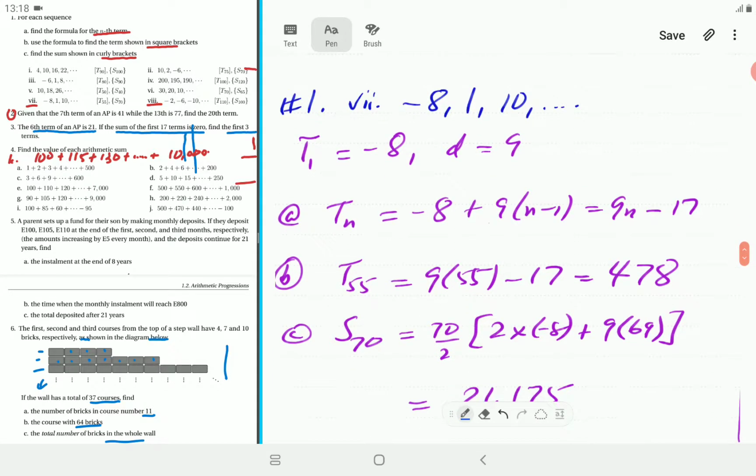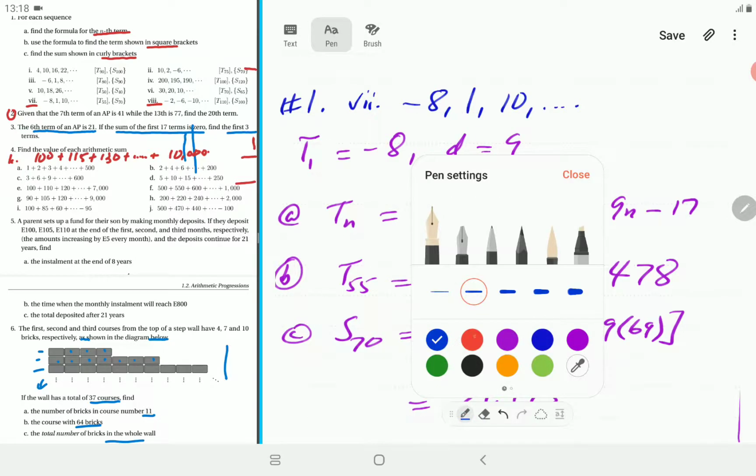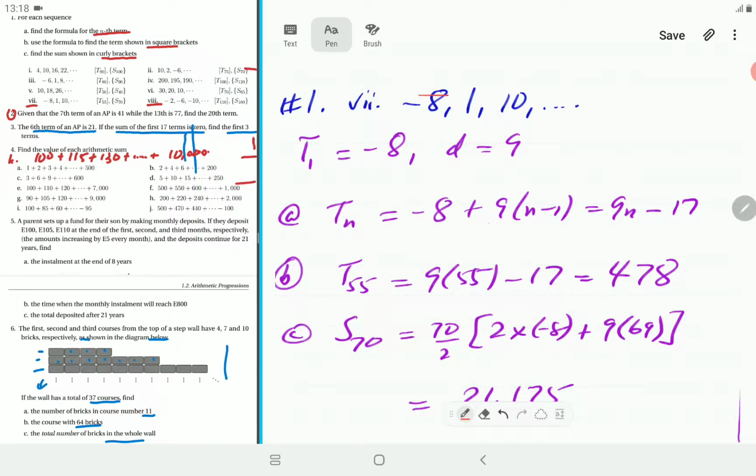Okay, so starting with number 1, part 7, we can see that T1 is -8, D is 9. So the formula for the nth term works out to 9n minus 17. Then plugging 55 into this formula gives the 55th term to be 478.